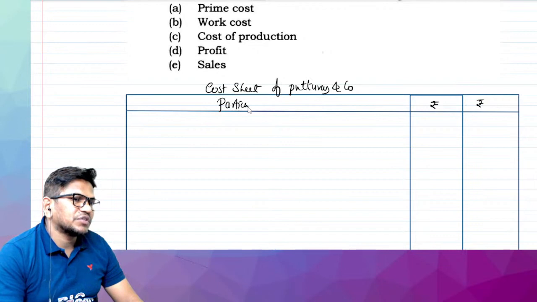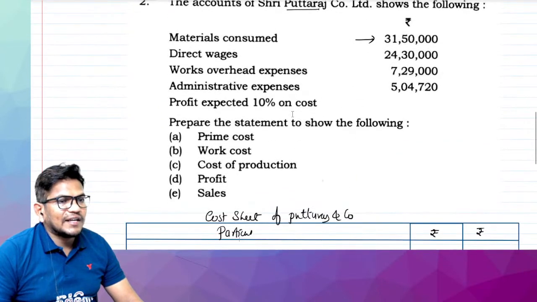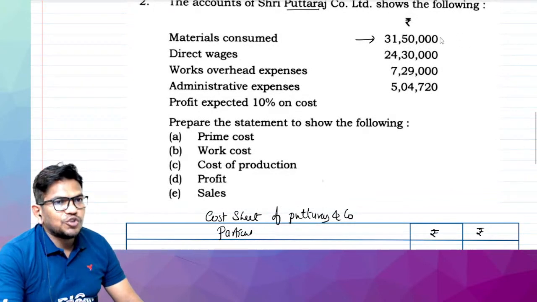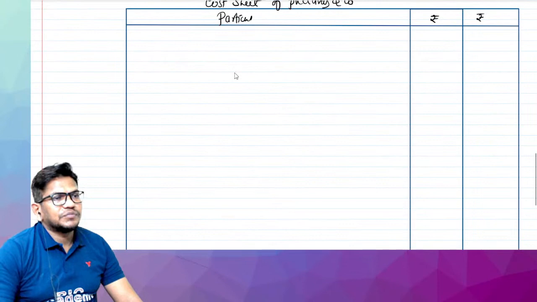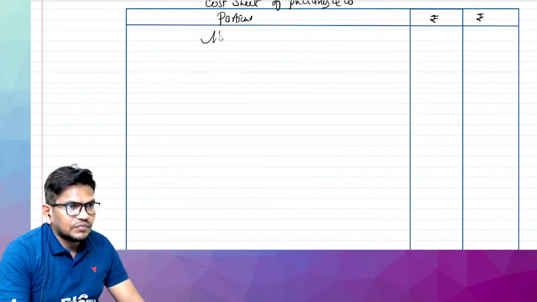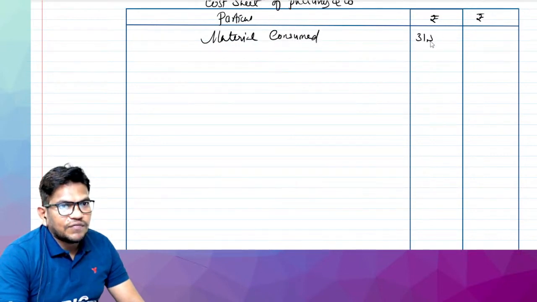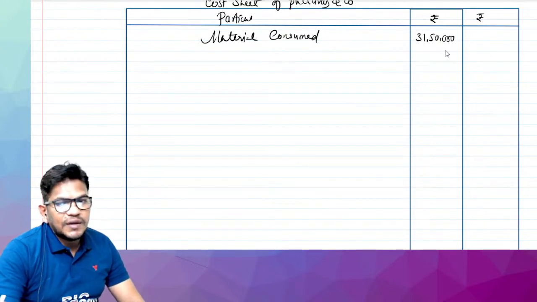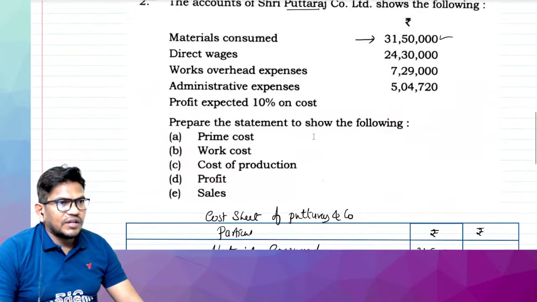Very simple question. First is what? First we have material consumed. How much material consumed? 31,50,000. All everything they have given.